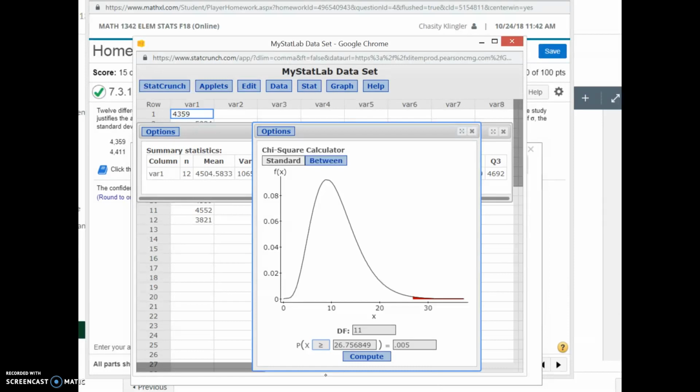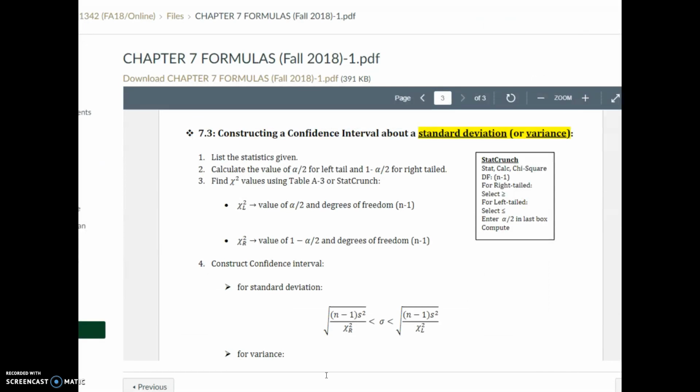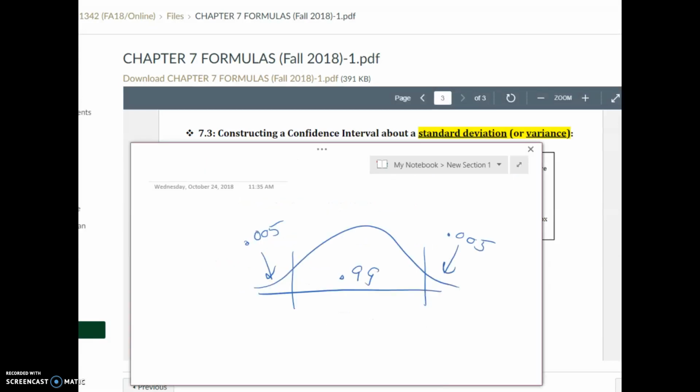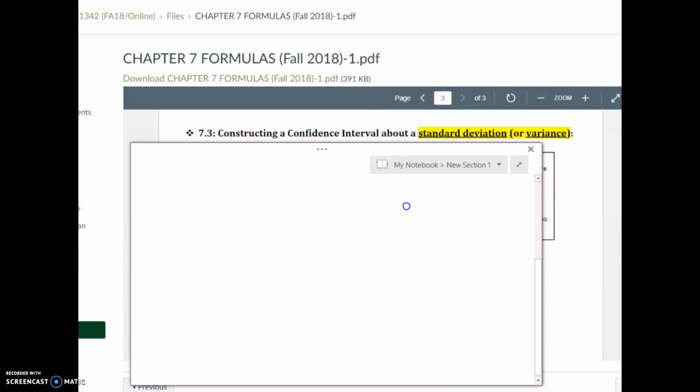So now when I go to plug in my formulas, I've got my n, I have s, and I have my chi-squared to the right and chi-squared to the left. On your calculator, you're going to do the square root of n minus 1, which is your degrees of freedom, so 11.